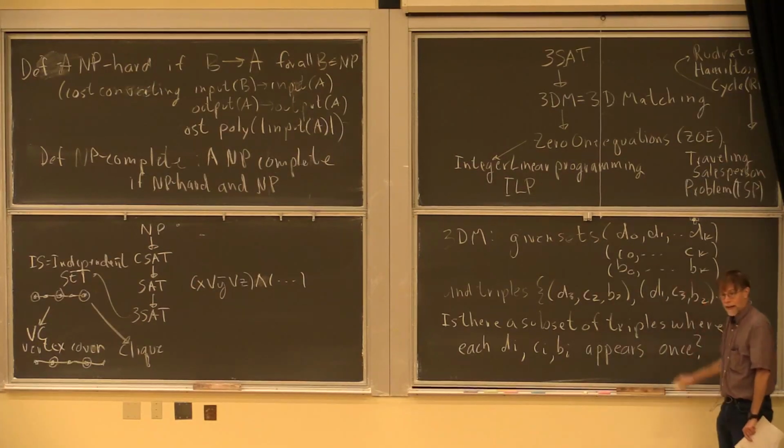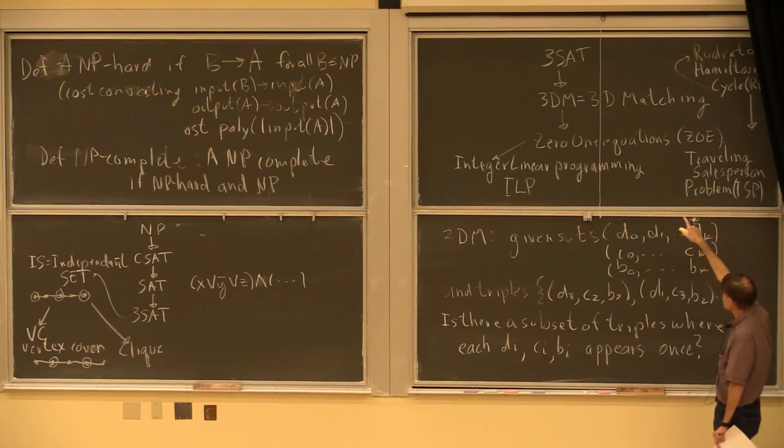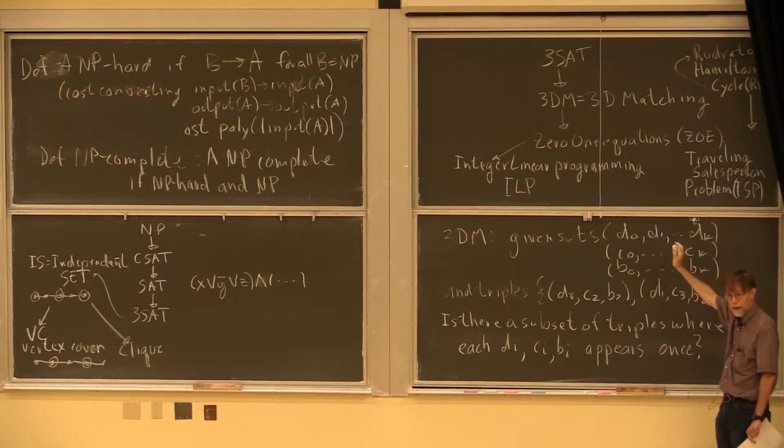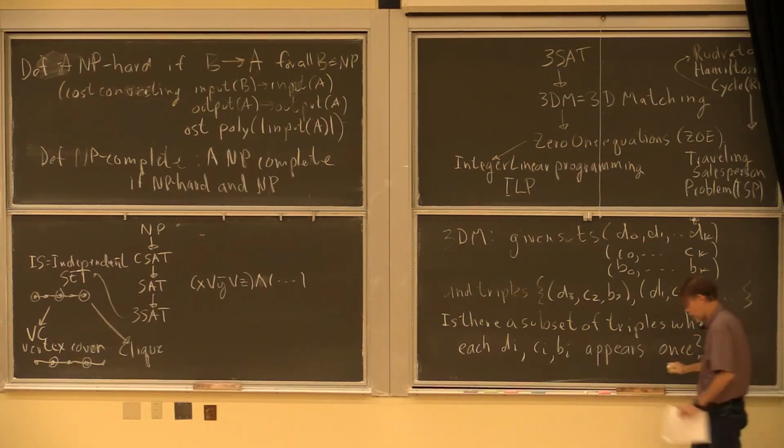Okay, so this is motivated as sort of being an intermediate step to get from 3SAT to all these other more practical problems. But this is sort of the combinatorial problem that we want to solve.